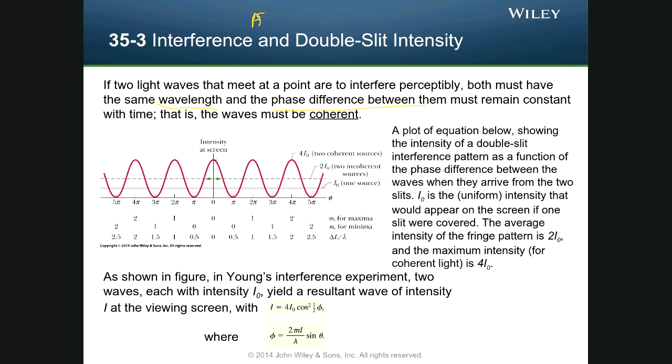Intensity is usually the power squared. Adding intensities is akin to saying a squared plus b squared does not equal (a plus b) squared. There's a cross term, or in here what would be a coherence term.